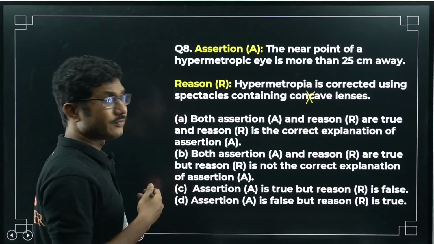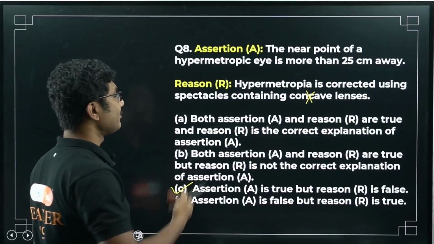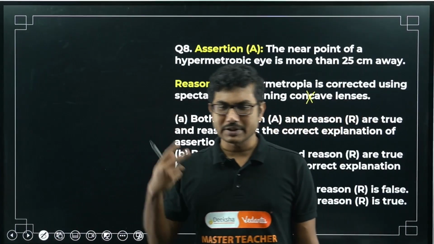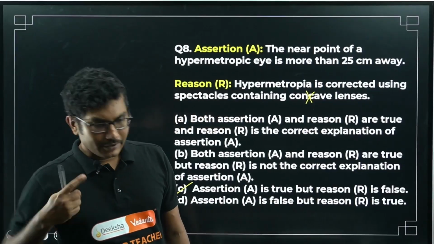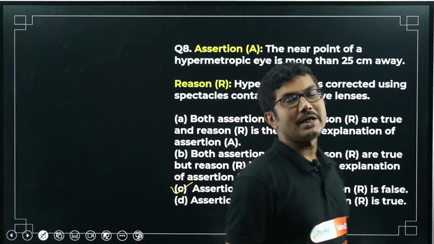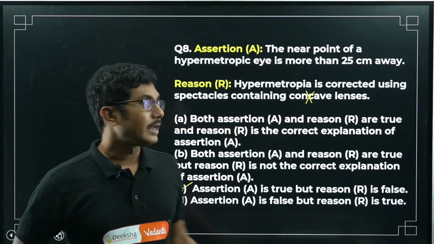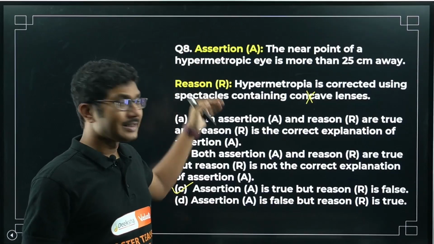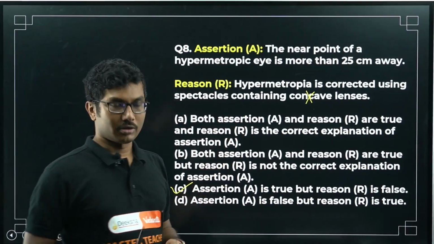So the reason is false, the assertion is true. So option C is the correct answer in this case. So you have to be careful: first check whether the reason and assertion both are correct. If the first check is passed, then you check whether the reason explains the assertion or not. In this case the assertion is correct and the reason is false, so you don't need to worry too much about whether it is explaining or not, right?